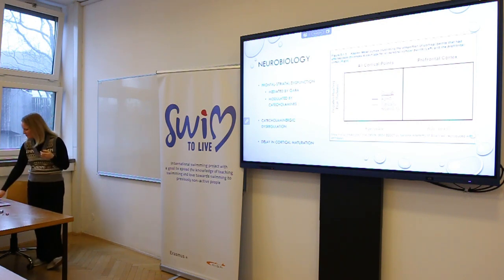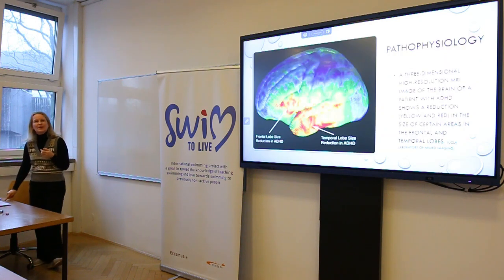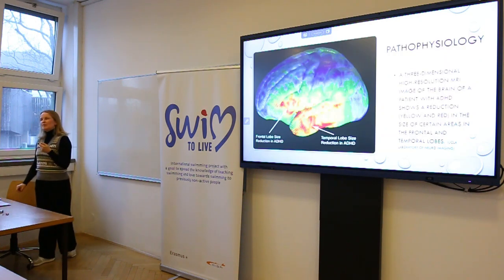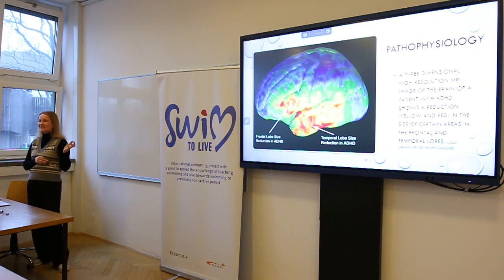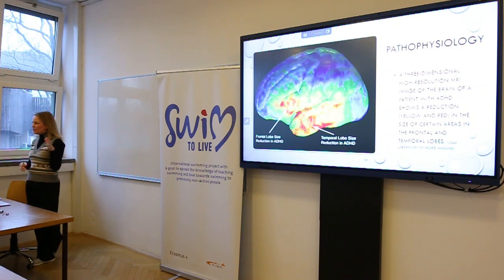structure. And there is another slide which is quite interesting because people usually think that the brain has to be hyperactive for a child to be hyperactive as well, but it's quite the contrary. The brain is hypoactive, especially the region of the frontal and temporal lobe.